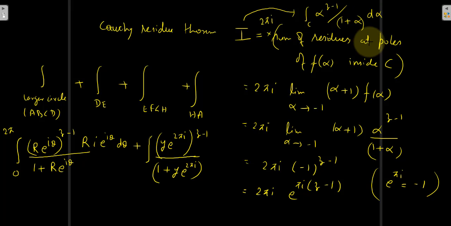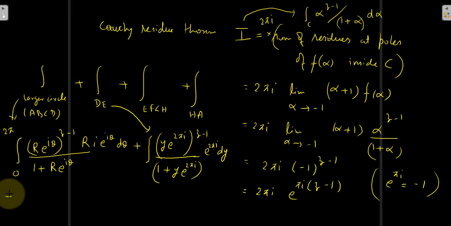And what will be d alpha? The value of alpha is y e to the 2 pi i, and e to the 2 pi i is constant, so d alpha is e to the 2 pi i dy. So this is the value of the second integral.